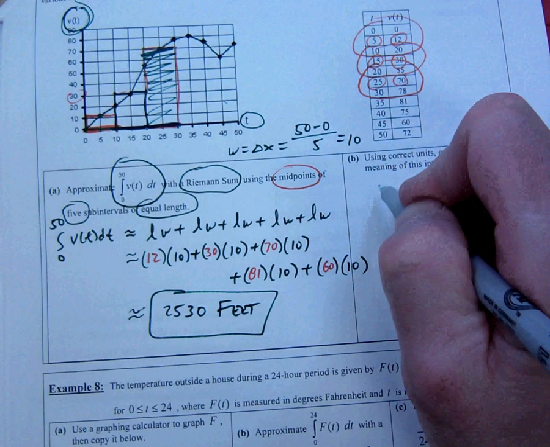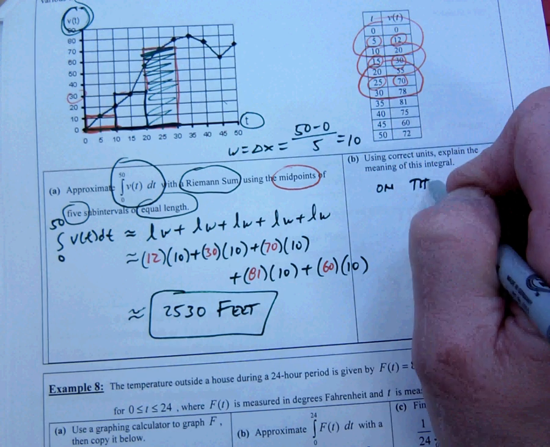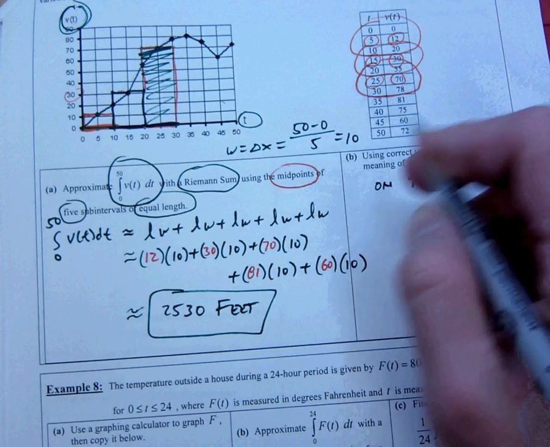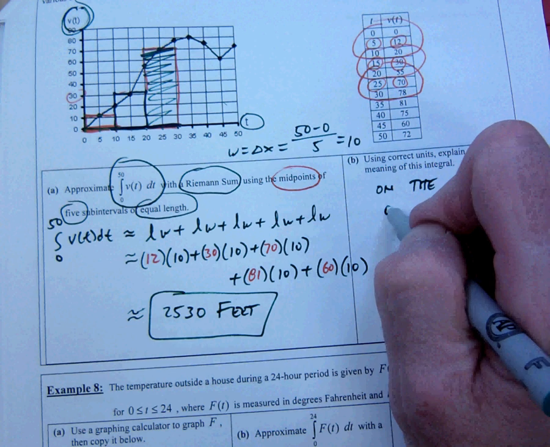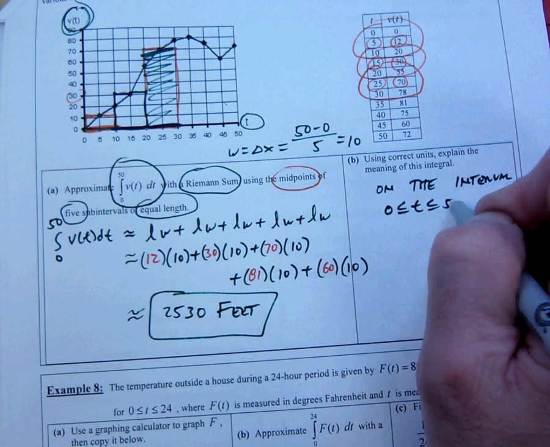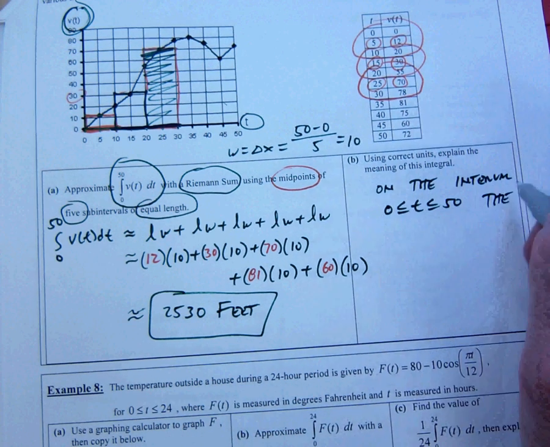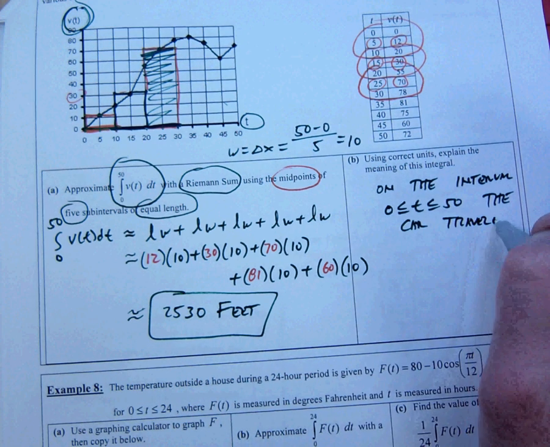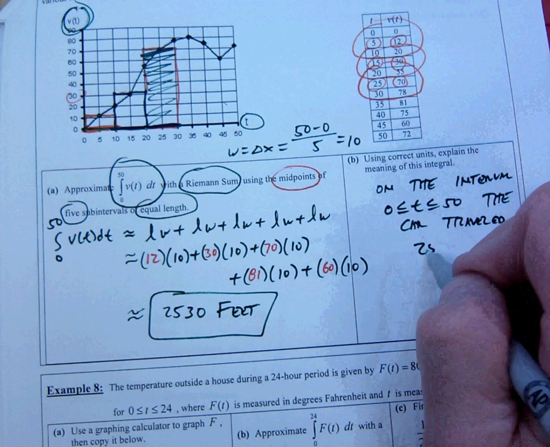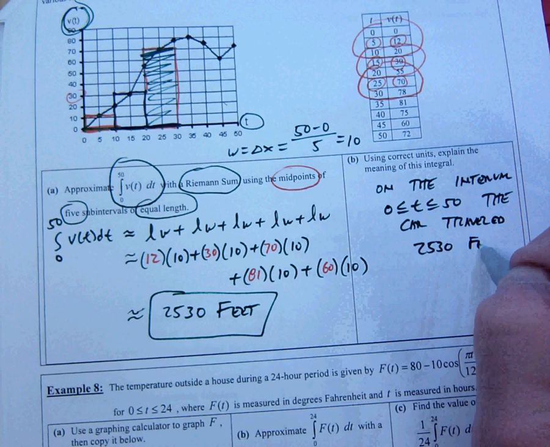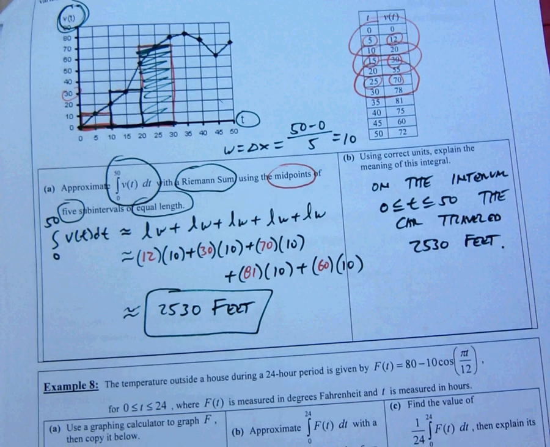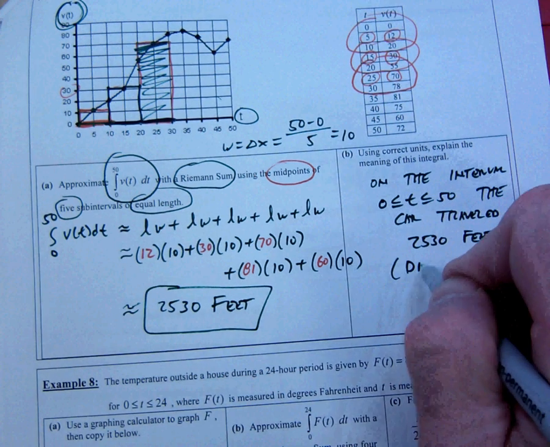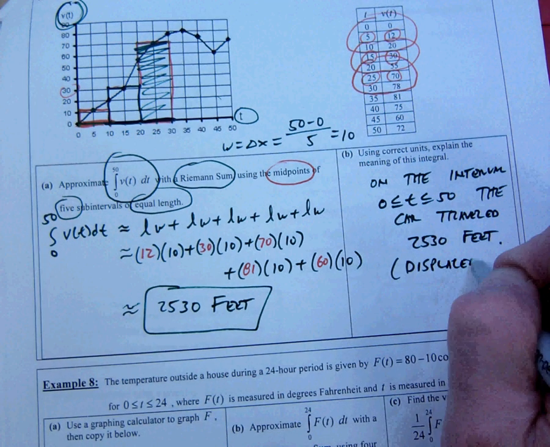Well, you can say on the interval 0 to 50, the car traveled 2,530 feet. Let me say that again.